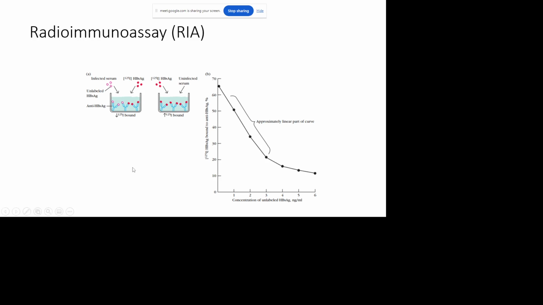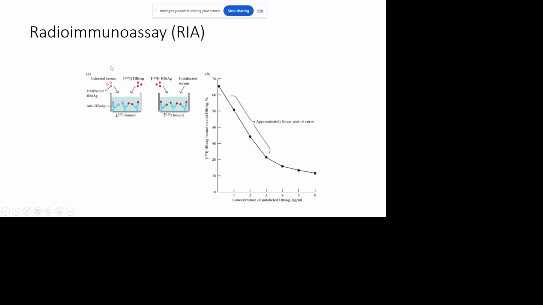antigen in serum, as well as determine whether your serum is infected or not. If it is infected, then it will give an intensity which is lower than the uninfected serum, because the uninfected serum will give you an intensity which is higher than the infected one.